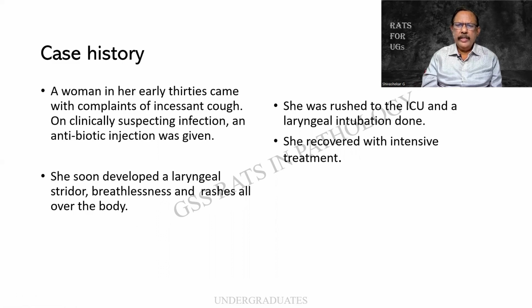She was rushed to the ICU and a laryngeal intubation was done. She recovered with intensive treatment. What is your diagnosis? And can you explain the plethora of changes that has happened in this scenario?